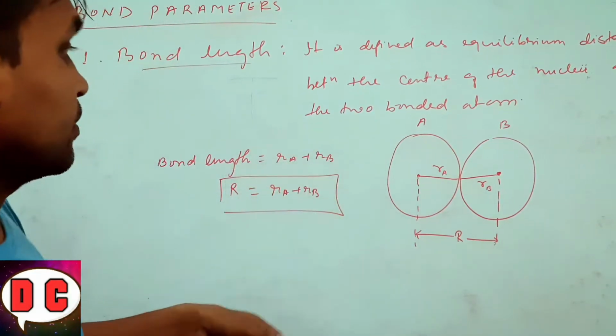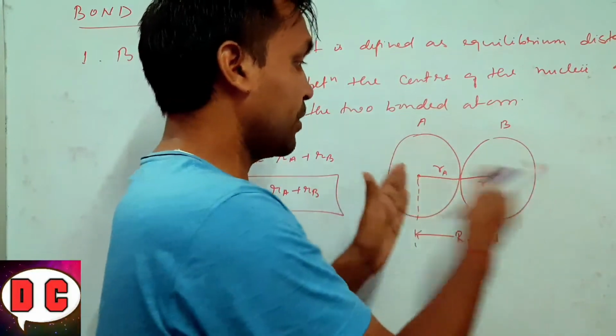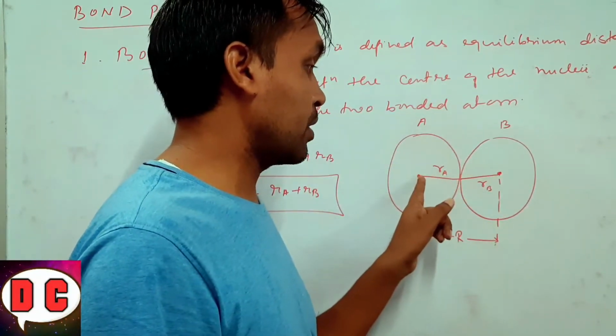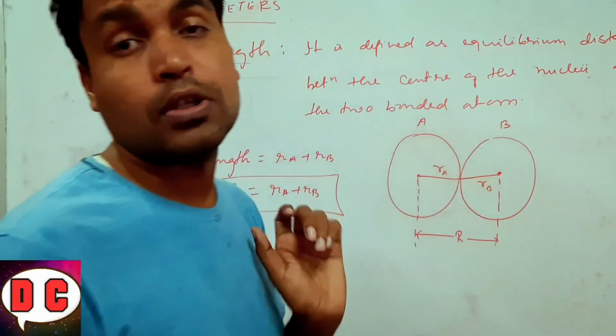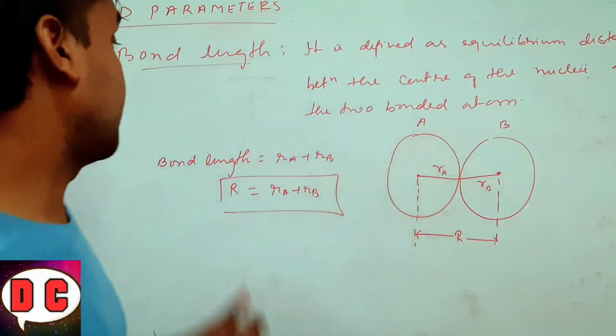Once again, this is called covalent radius, and this is also called covalent radius. When we combine these two, we get the total distance between the nucleus of one atom and the nucleus of another atom. That will be called the bond length.